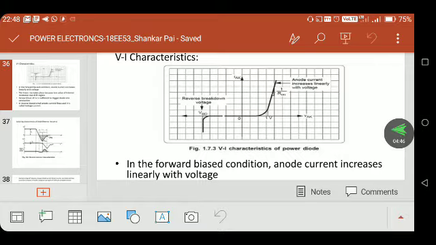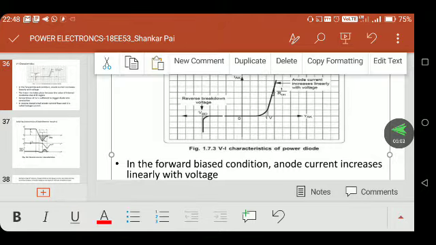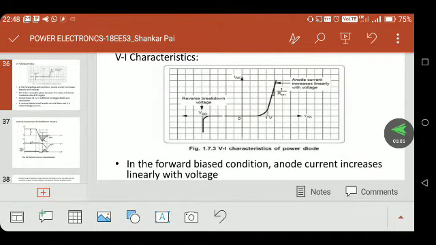During the turn on period, you get a nearly linear graph. That means a sudden variation in anode current, for whatever increase in voltage.